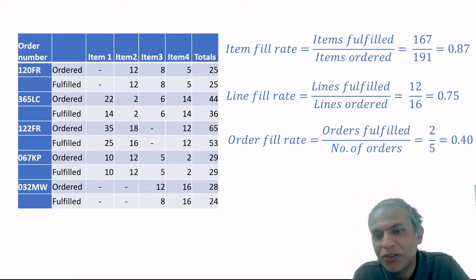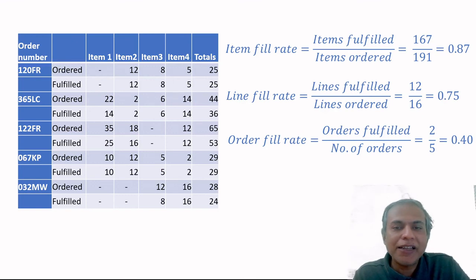So we create an order fill rate of 2 out of 5, which is 0.40. So again, the idea is you can have many different types of fill rates. Companies talk about case fill rate, companies talk about pallet fill rate, but the whole idea is that depending on your business model, depending on your unit of shipping, and what's important for your consumer, you create these fill rates.